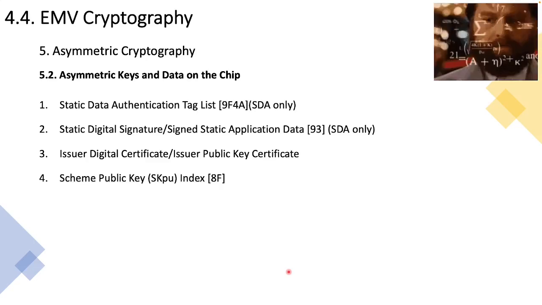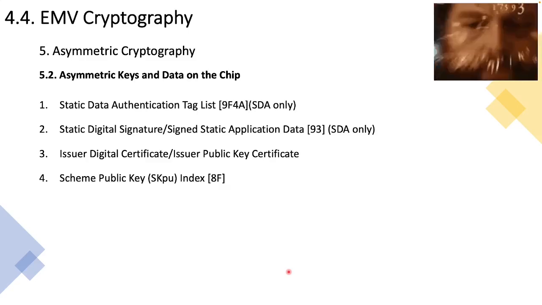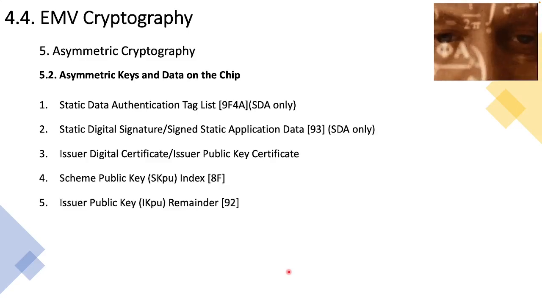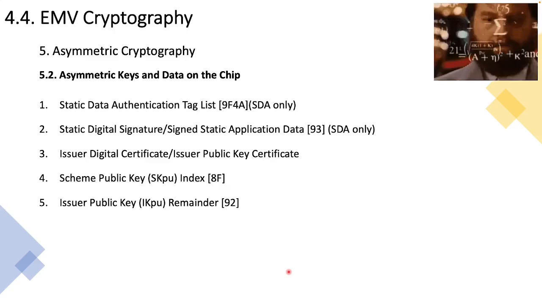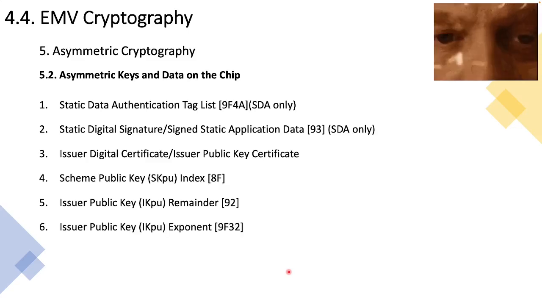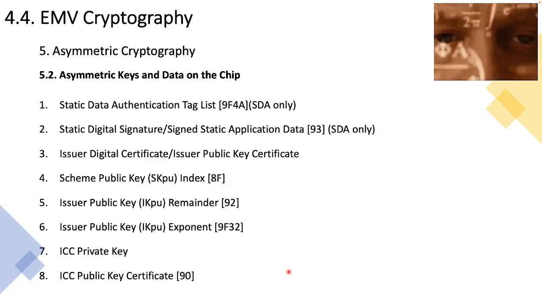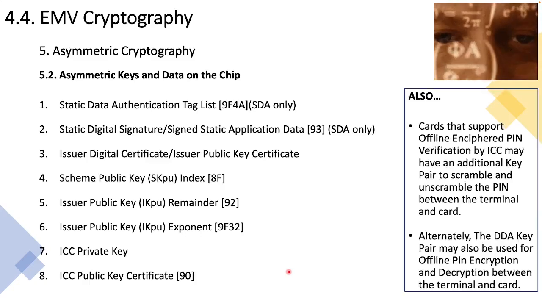We then have the scheme public key index. This is not a key, this is a key index, SKPU, and this is tag 8F. We then have the issuer public key remainder, tag 92, the issuer public key exponent, tag 9F32, an ICC private key, and an ICC public key certificate, tag 90.